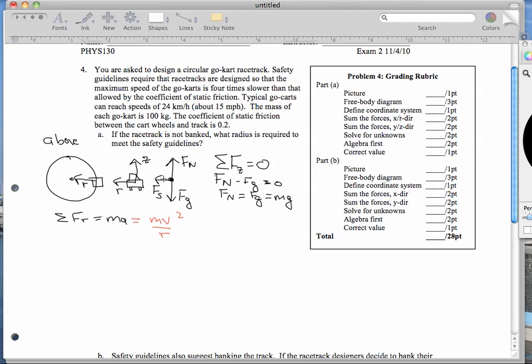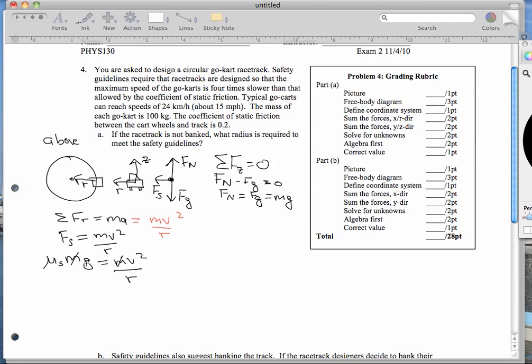Looking back at my free body diagram, there's only one, the force of static friction. So the force of static friction equals mv squared over r. Static friction is mu s times mg, equal to mv squared over r, and the masses cancel.